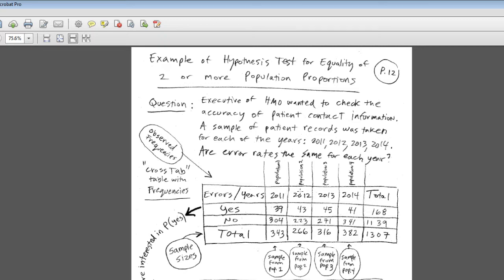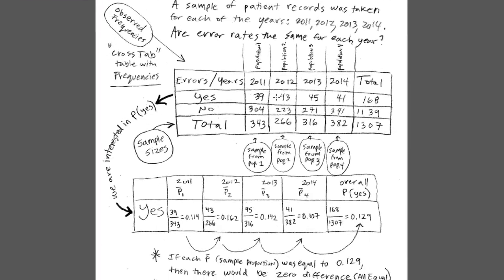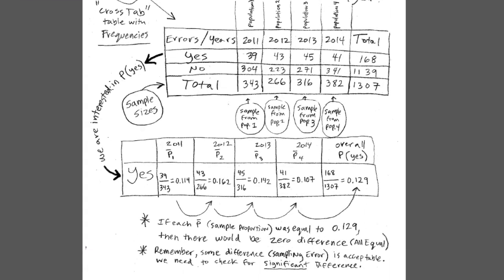Here's 2011, 2012. 2013, we had 45 sets of records that had errors out of a total of 316 sampled. Now, what we're really interested in is the proportions. And if I were to take 39 divided by the sample size for this first population, I would get this proportion. That would be P bar 1.